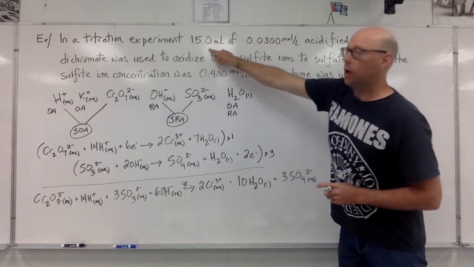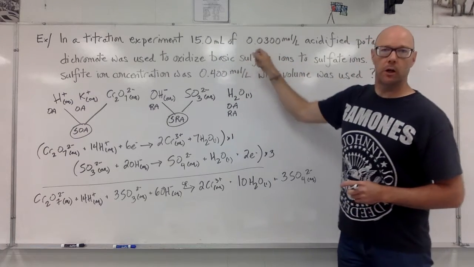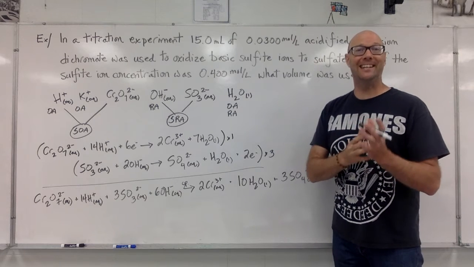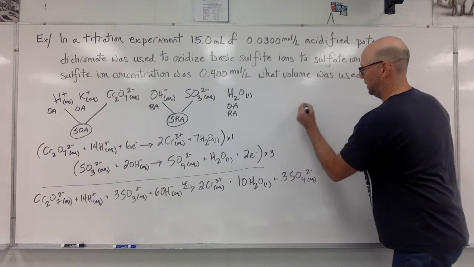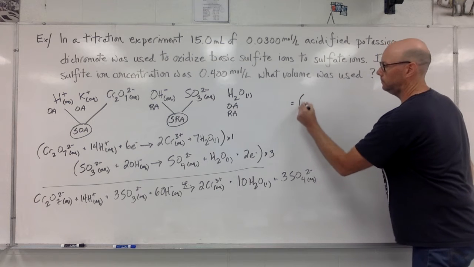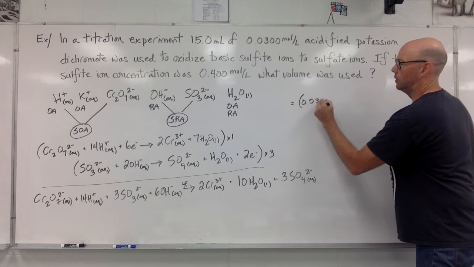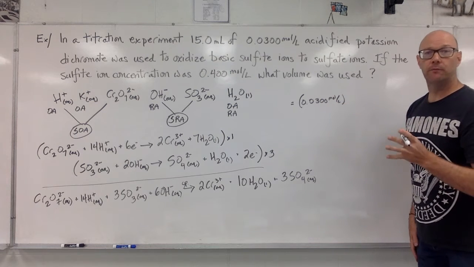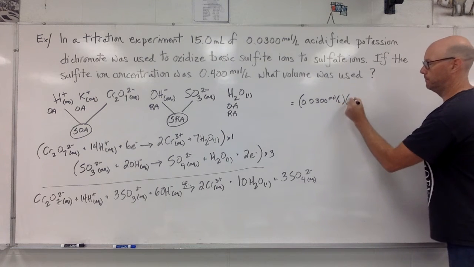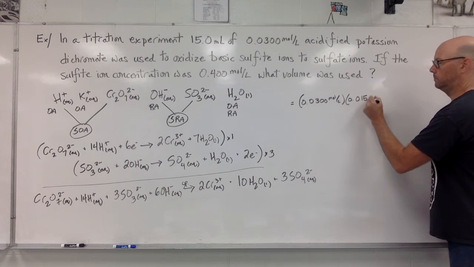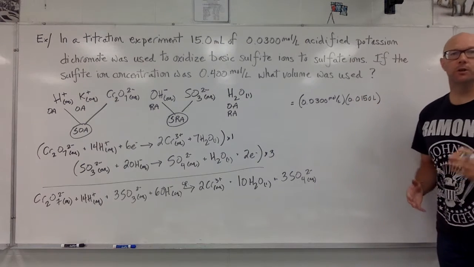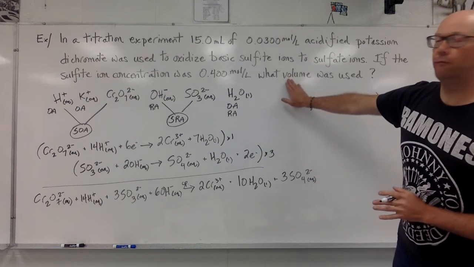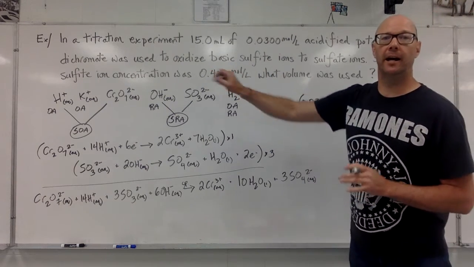Find the moles. Concentration and volume, we can multiply those together. Make sure that we have the volume in liters. It's going to give us the concentration multiplied by the volume in liters. We're going to multiply by the R over G. What we're trying to find in the end is the volume of the sulfite ions.